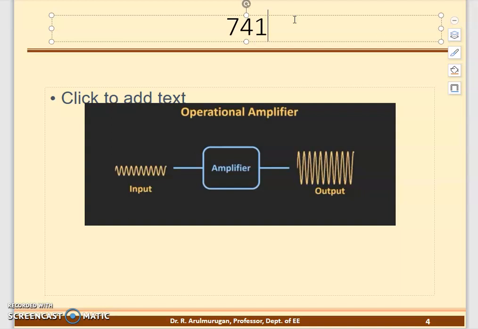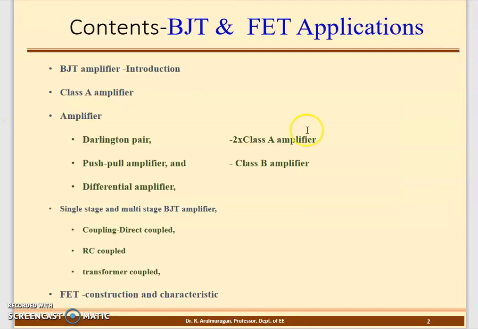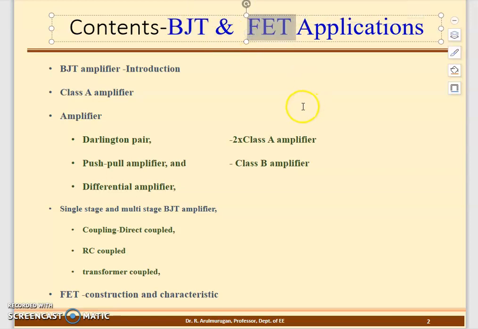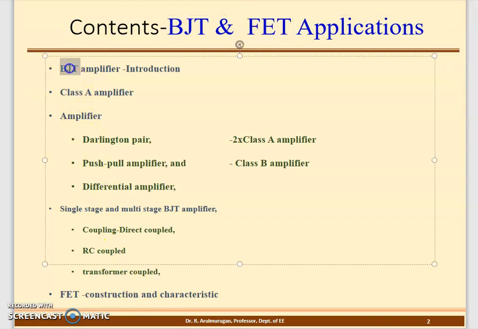The other possibilities are the BJT and the FET. These two devices help for the same amplification. Here is a BJT and here is a FET. BJT is the bipolar junction transistor.